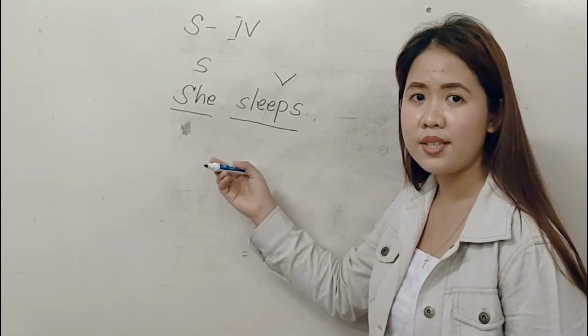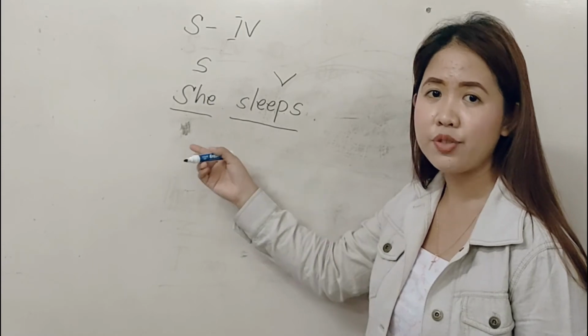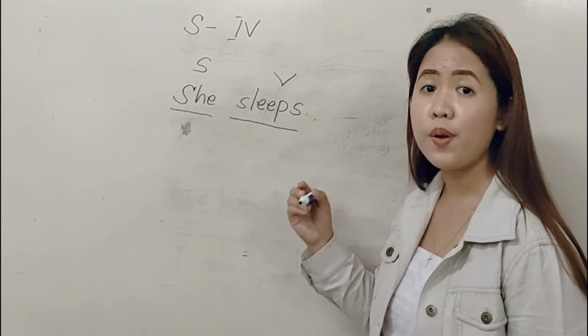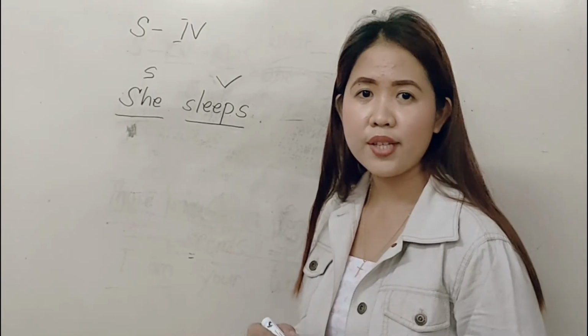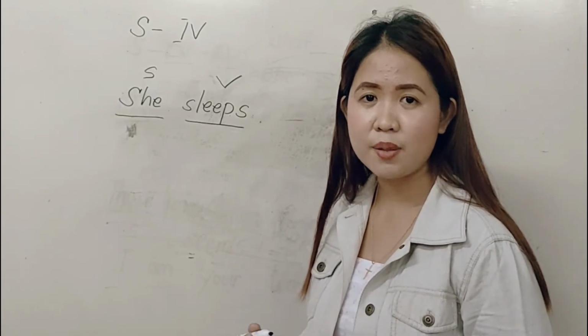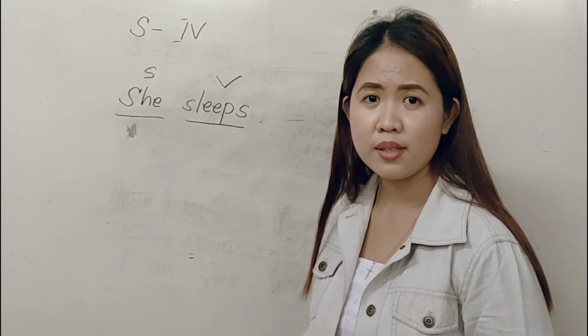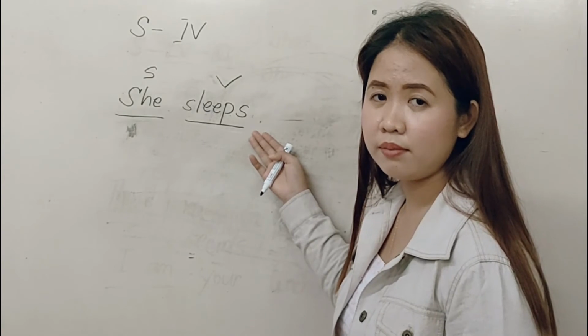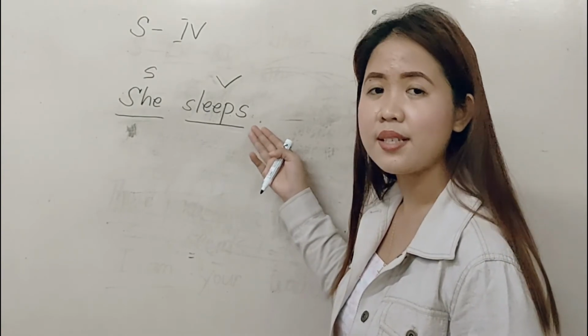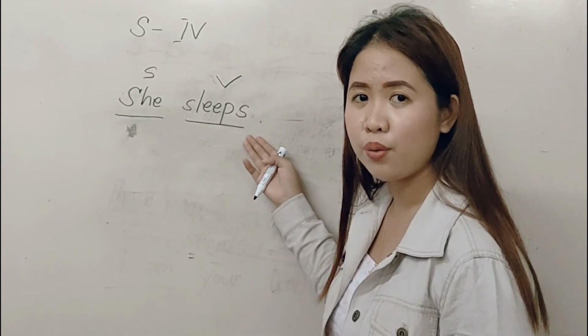Now, as you notice, we have a subject and a verb with a complete thought already. Now, can you think of a word answerable by what or who na pwede natin idagdag after the word sleeps? A word answerable by what or who?